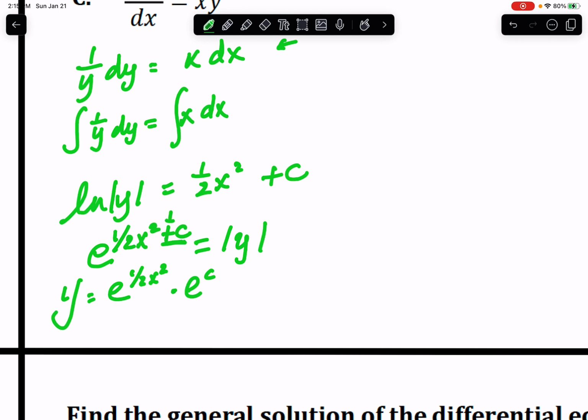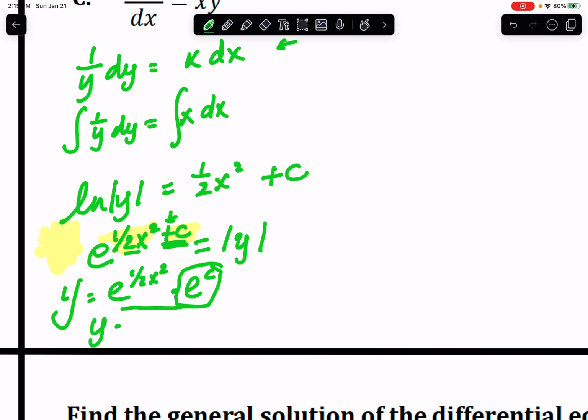Because I have this plus there, I'm bringing this back down because that's what that means. I have an e to this and times an e to that. e to 1/2 x squared and an e to c. So this is really important for you to understand why we're doing this. Because what we've done is say we have a constant out times this e to the 1/2 x squared.